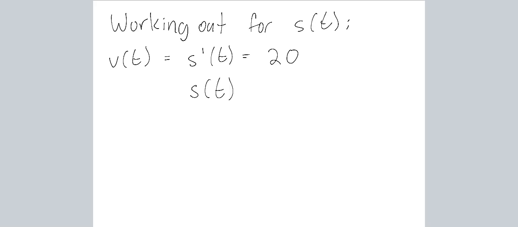So S of t is equal to 20t. I haven't finished yet, but does that make sense, what I've done? If V of t is 20, then the linear function must be 20t plus some constant c. Now c might end up being negative, so it might be 20t minus 5, for example, Lily, if it was in a backwards direction. But nevertheless, what we have here is an unknown value.